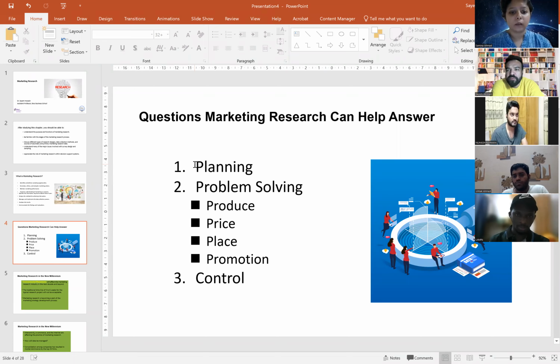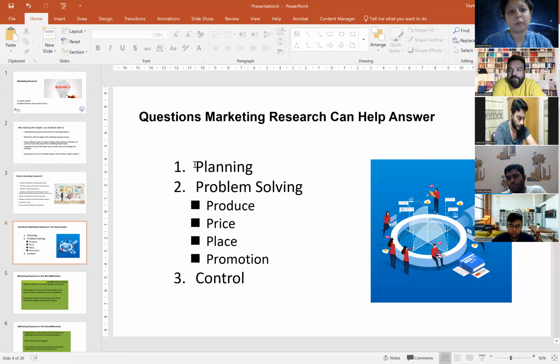Okay, Samina, go ahead. Sir, is planning anyhow related to market segmentation? Well, not at least at the beginning. Planning is an exploratory exercise. Marketing research is generally conducted at the very beginning, when you are only going to explore whether there is any possibility of this product being sold in this market or not.